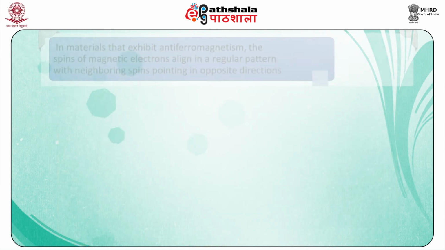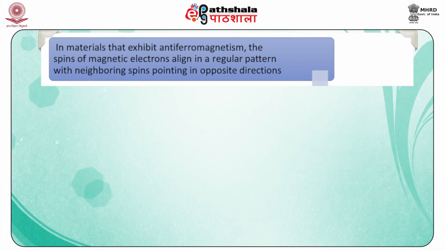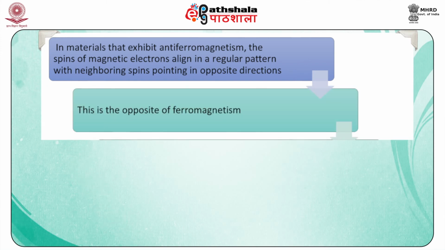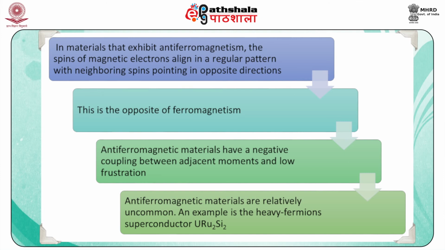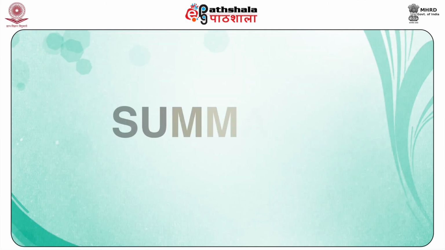In materials that exhibit antiferromagnetism, the spins of magnetic electrons align in a regular pattern with neighboring spins pointing in opposite directions. This is the opposite of ferromagnetism. Antiferromagnetic materials have negative coupling between adjacent moments and low frustration. Antiferromagnetic materials are relatively uncommon. An example is the fermion superconductor.